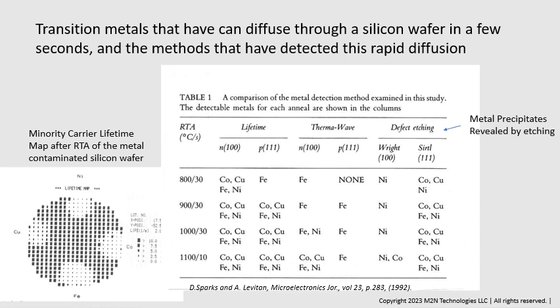And basically all of these metals would diffuse through a wafer by almost every detection technique we tried in the 1000 to 1100 degrees C temperature range in just 30 seconds. Some would diffuse through at 800 degrees C, and I remember nickel was the one metal that would diffuse through in 500 to 600 degrees C. So very rapid diffusion. So if you do get a contaminated wafer, it's going to spread everywhere.